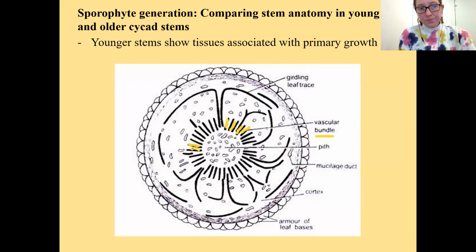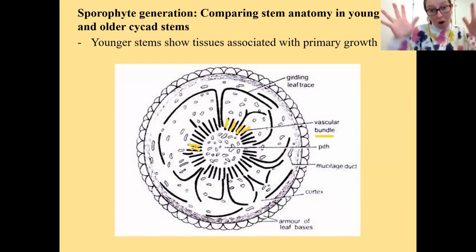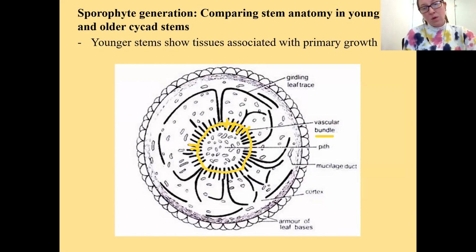Each of those things I just colored is a rod of vascular tissue. It would have xylem and phloem inside, but these rods are also arranged in a ring. So that's why we say it's a eustele-like siphonostele, because there's still a pith region in the center.